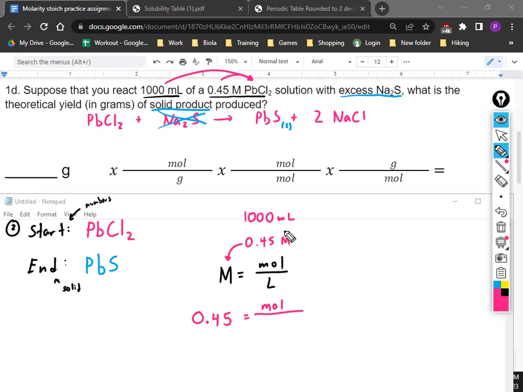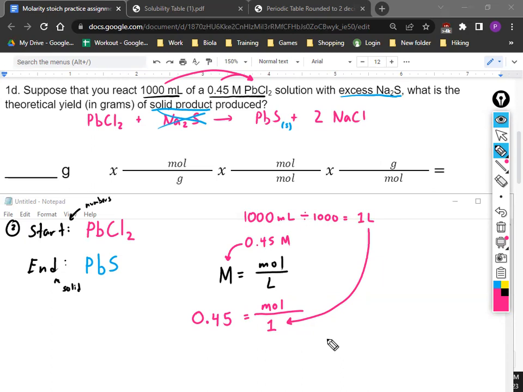Now, the number that we have is milliliters, but we need to put in liters, right? So we're going to divide by 1,000, and that's going to give us 1 liter. So whenever you want to turn milliliters into liters, just divide it by 1,000. So on the bottom, we're just going to put 1. So that's where we get the numbers for this equation right here.